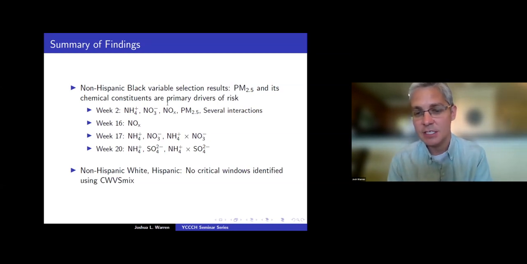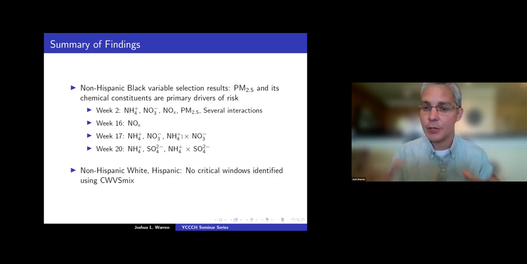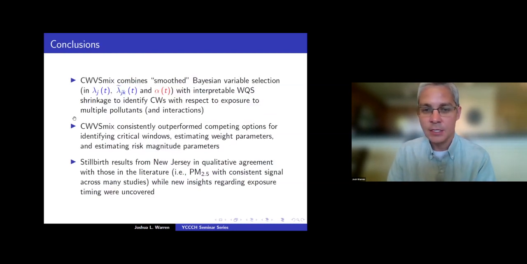And then week 17, 1 or 2 pollutants and their interactions. So all the other interactions that are not listed here among the 5 variables were actually not significantly important here. So nothing seen for the non-Hispanic white and Hispanic populations.